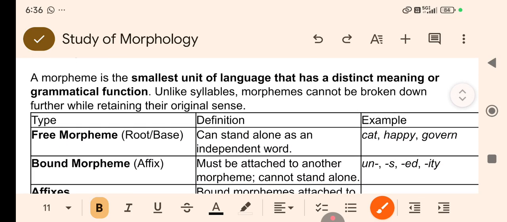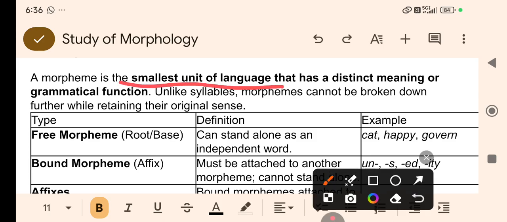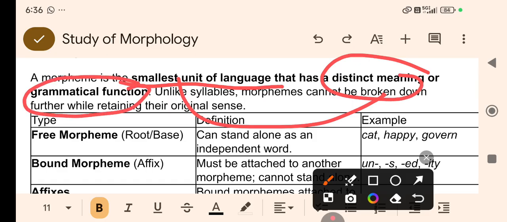A morpheme is the smallest unit of language that has a distinct meaning, right? Distinct meaning means grammatical function, meaning that the particular word acts as a noun or verb or adjective.